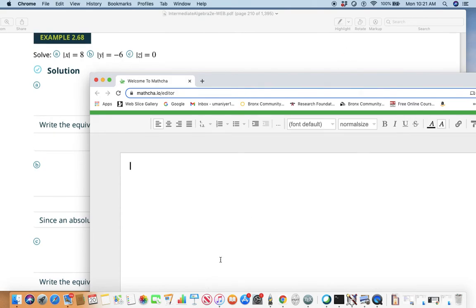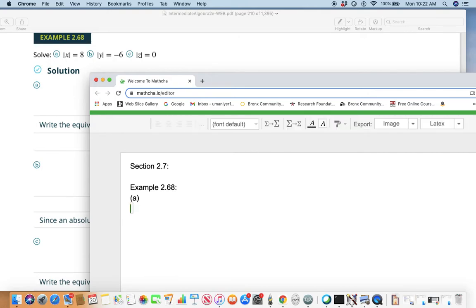Here we are on Section 2.7, example 2.68. A. Solve for x. The absolute value of x is 8.